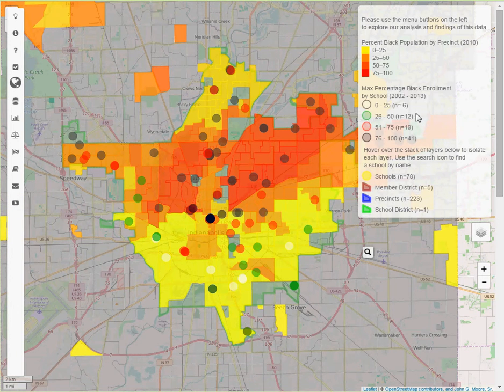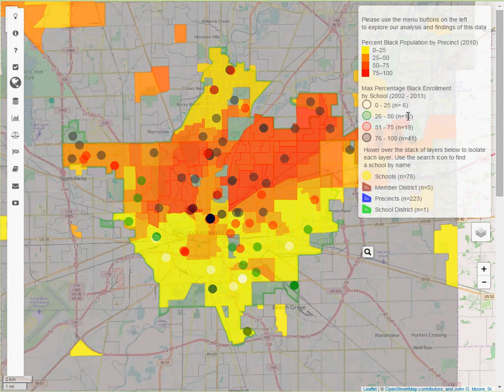looking at the map, there was an attempt to place each school into a category. And what we did was we took the maximum percentage of black enrollment during this time period, and we broke it into 4 groups.